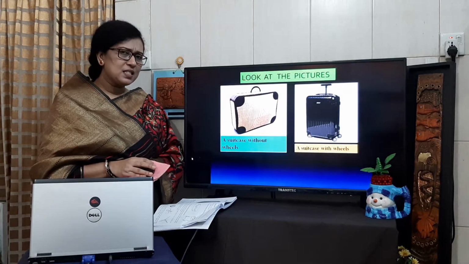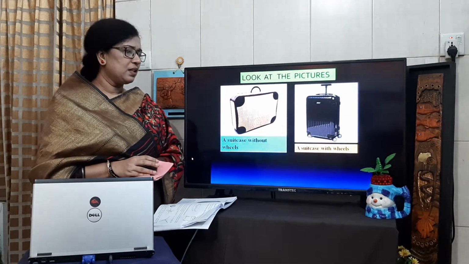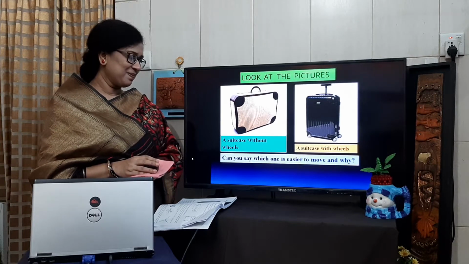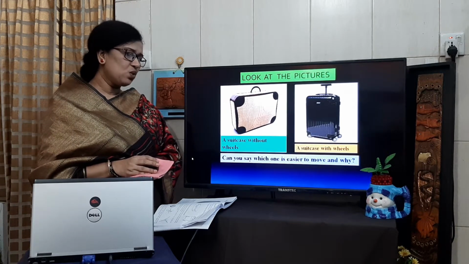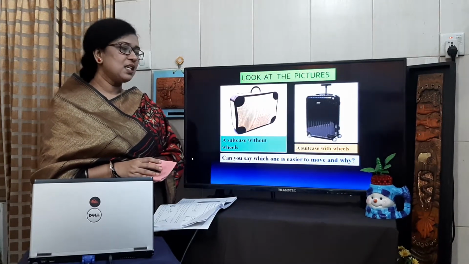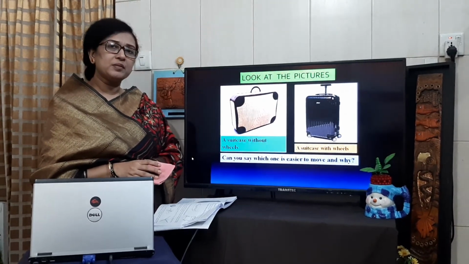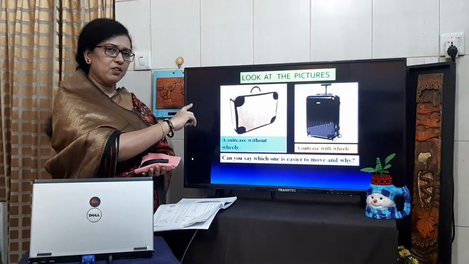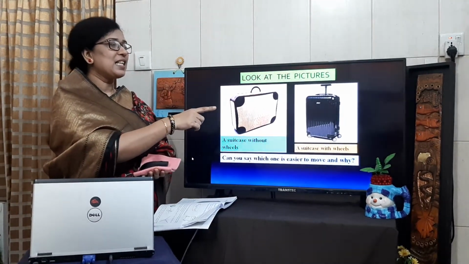Is there any difference with the wheels or without wheels? Can you guess? Can you say which one is easier to move and why? The left one or right one? Think a while. Yes, I think so.